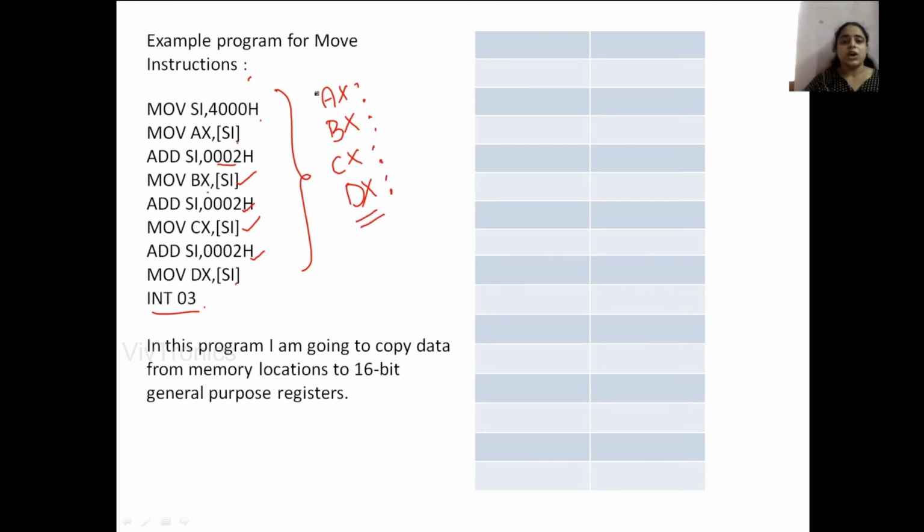Okay, so initially all the values of registers are zeros. So see, this is my memory. So first instruction, let me explain you theoretically. After that I will run the program, and on the screen you will be able to see how all the registers are getting updated. So you can see here MOV SI, 4000H.